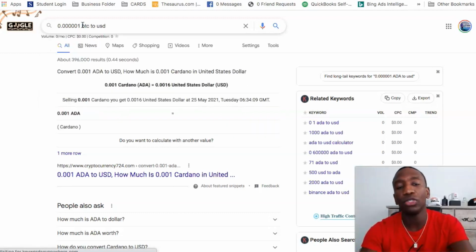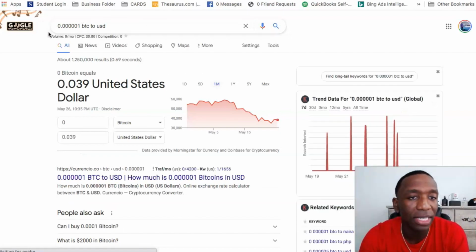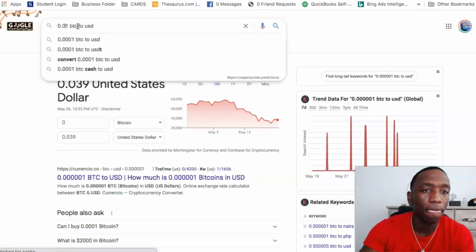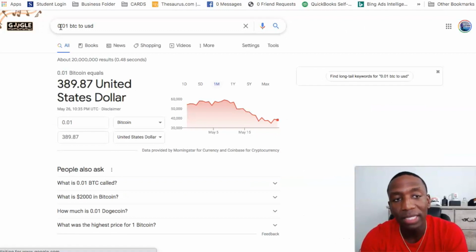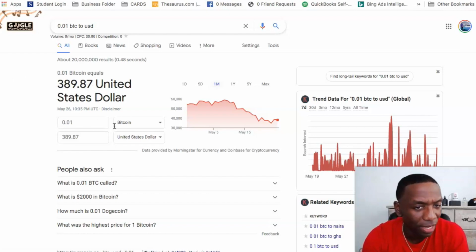Typically what you would do is just find a converter. So in this case, this amount of Bitcoin, let me just do it like this. All right, so boom. If I were to do this, then 0.01 Bitcoin would be $389.87. Hopefully I did that right.